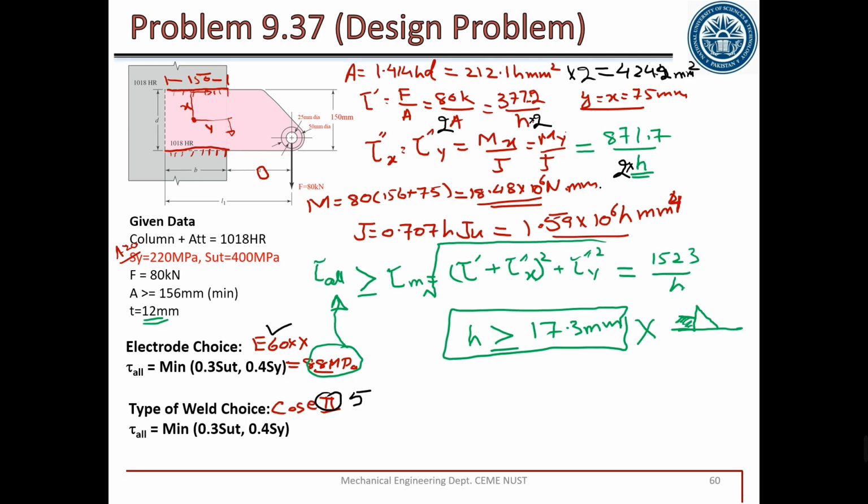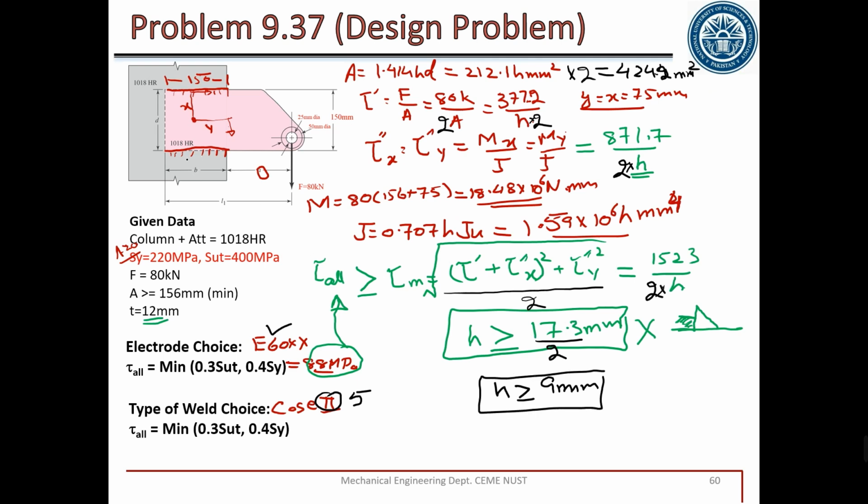As all the remaining values are divided by 2, this whole equation will automatically be divided by 2. When you are solving, you will get exactly the same answers. So this final answer will be equal to this value. And when you solve it, h will be 17.3 divided by 2. So h should be greater than or equal to 9 mm.